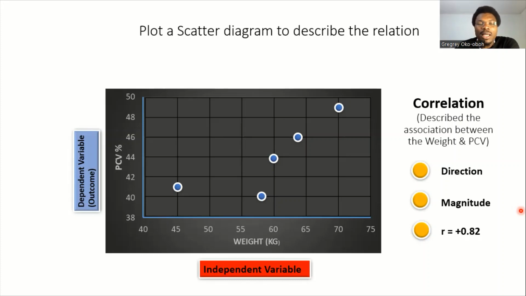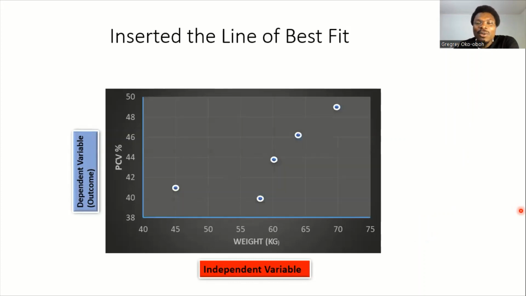So now that we can agree that there is a relationship between weight and PCV, can we use weight to predict PCV? And to answer that question, we need to put a line that best describes the data points.